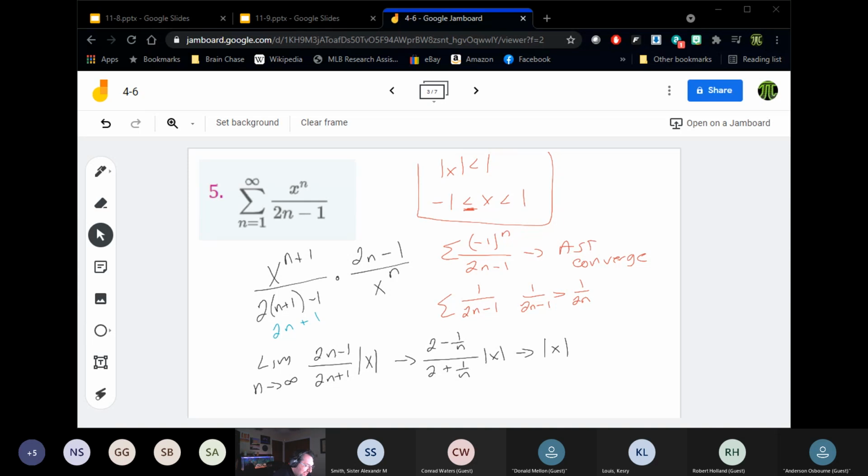That's the same thing as 1 over 2 times 1 over n. Now 1 over n is my harmonic series, correct? So I know that diverges. Since that diverges and my original function was bigger than that, because of comparison, that diverges.